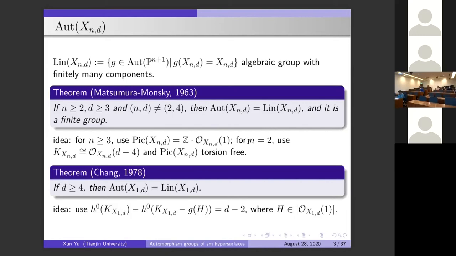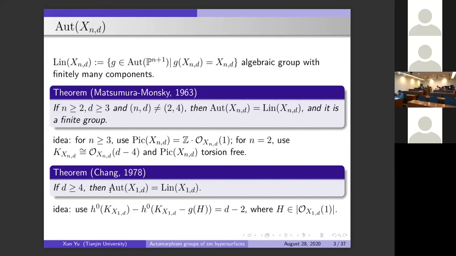In the surface case, O(1) is a multiple of the canonical line bundle, so it is also preserved. You can easily see this equality. And it is a finite group because the dimension of the automorphism group is 0.